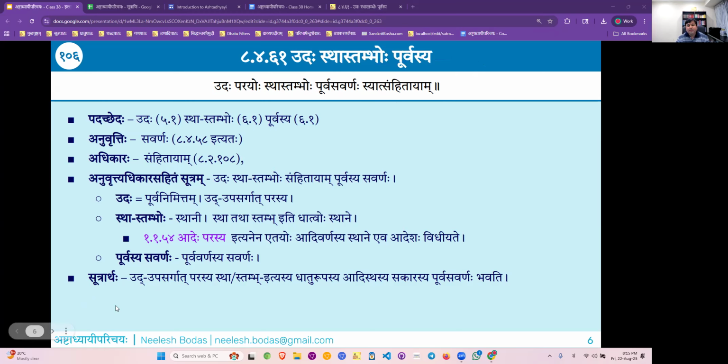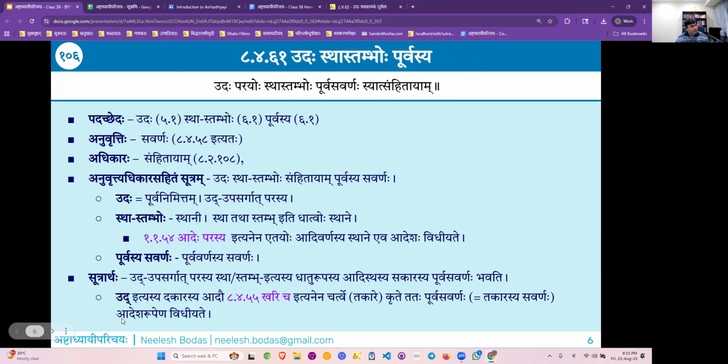Anyway, another important point to remember is that the sutra has dakara in it, udaha, because it talks about the upasarga uda, which occurs in the list of 22 upasargas. But in the prakriya, you never see that dakara when you reach this sutram, because there is a step of chartvam that happens before the current sutra, which converts dakara to takara, because we have a sakara next to it.